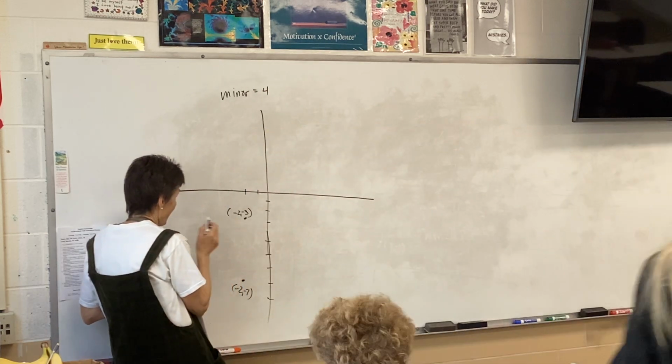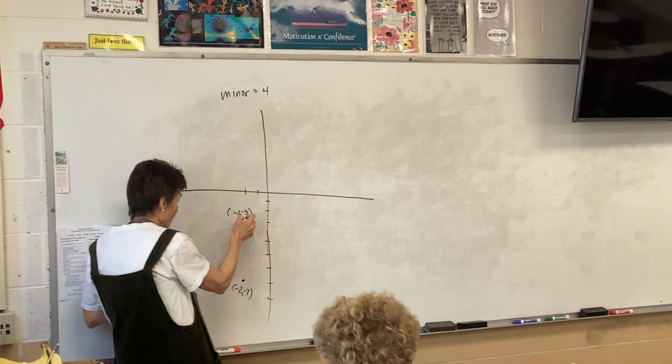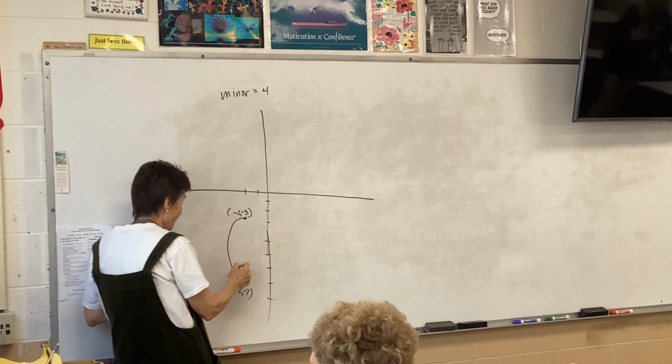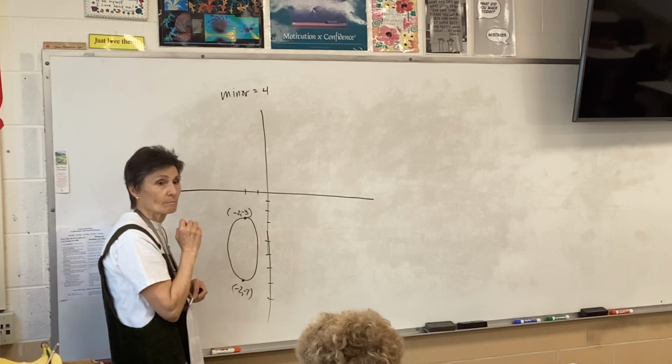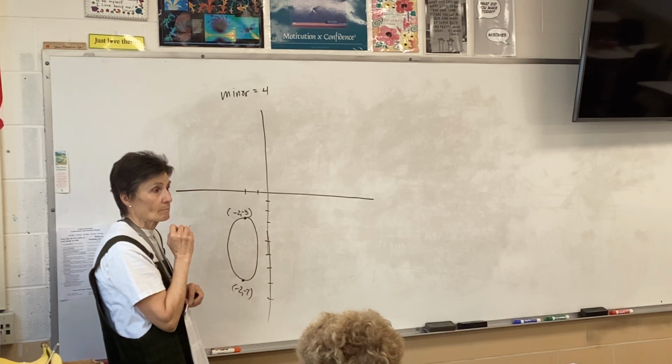Keep in mind, if those are the major endpoints, then doesn't my ellipse look like this? Is that right?